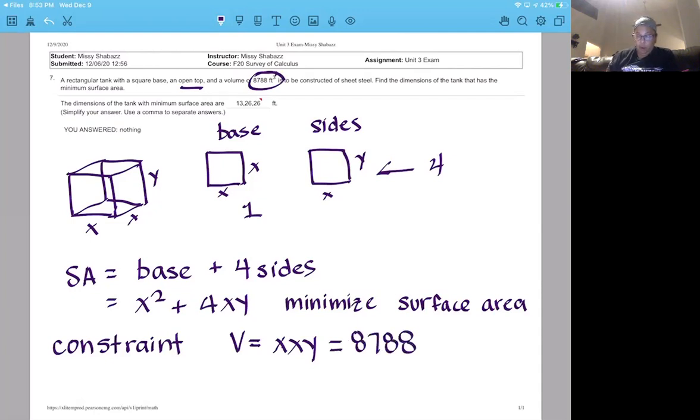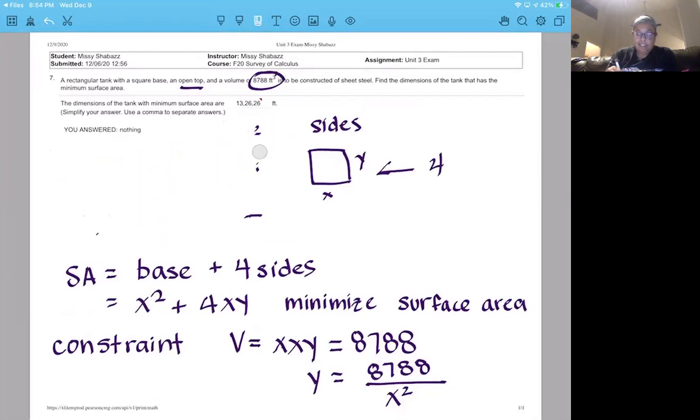I'm going to solve for y. So y equals 8,788 over x squared. All right. Now I'm going to plug that into my primary function. And then we are going to minimize it.